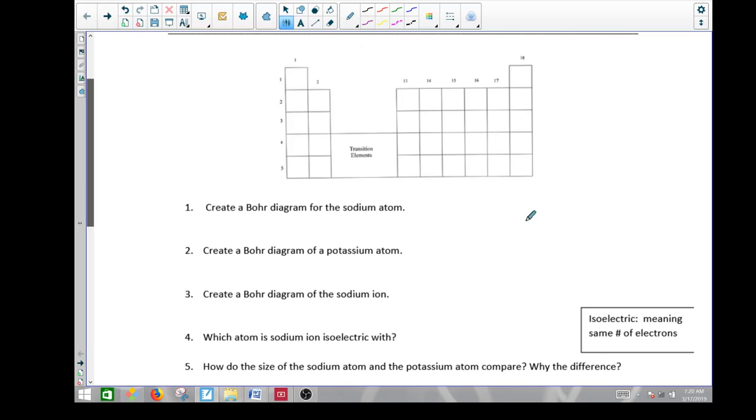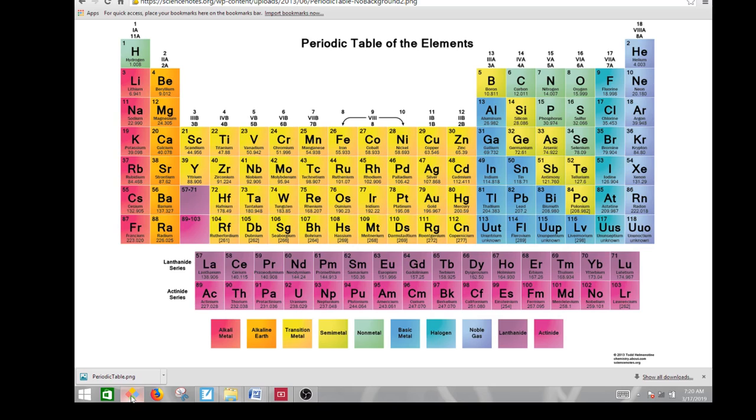So when I want to create a Bohr diagram, I want to have my nucleus in the center, and a sodium atom has 11 protons. You'll see here on my periodic table that the sodium atom has 11 protons.